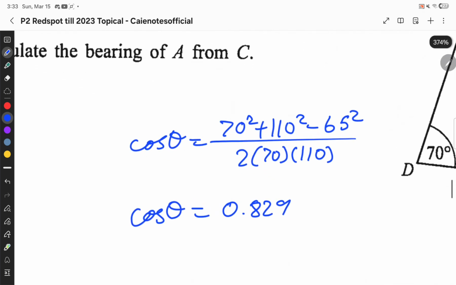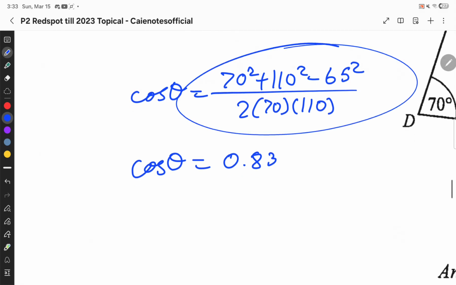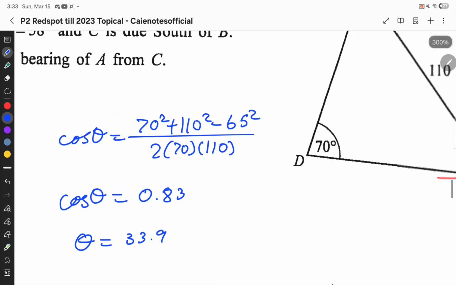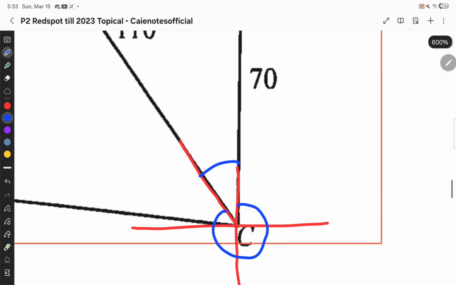Okay, you can do 0.83. Correct to 3 decimal places during working. And we do cosine inverse of 0.83. I could have used the fraction that the calculator gave, but come on, I've got to stay consistent. So 33.9 degrees. This is 33.9.